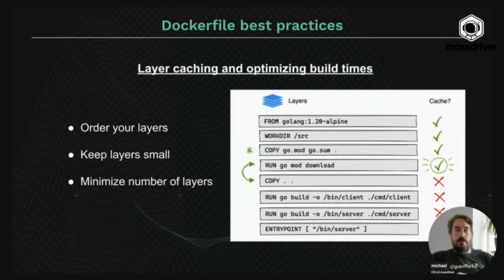To optimize your Dockerfile and make your builds faster, here are a few key approaches. So number one, order your layers strategically. Place less frequently changing instructions, like the FROM instruction and the dependency installs, at the top. This allows Docker to reuse those cache layers, even if subsequent layers change. Number two, keep layers small.